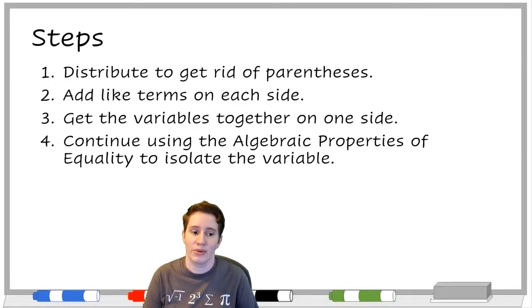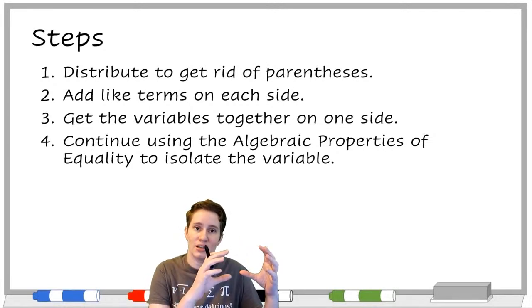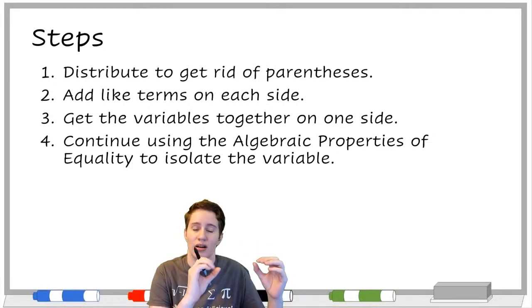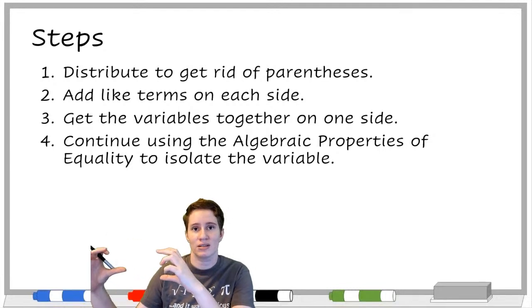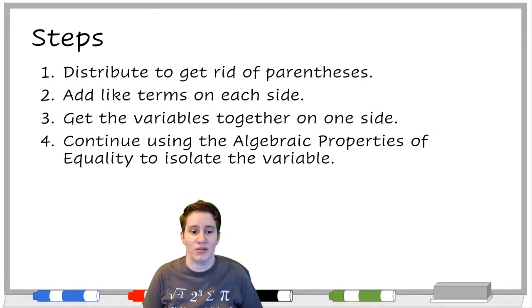Once we've gotten rid of our parentheses, we're going to look at each side individually and say, are there things that I can combine because there are like terms? So we'll look on the left side and say, okay, are there like terms over here? And then we'll look at the right side and say, are there like terms over here? And if so, we'll combine those.